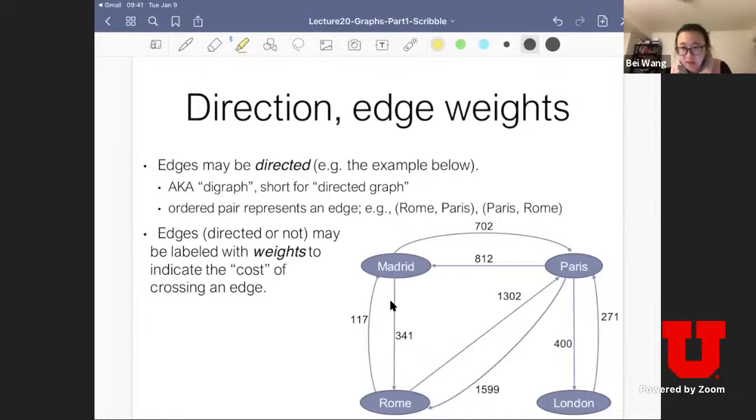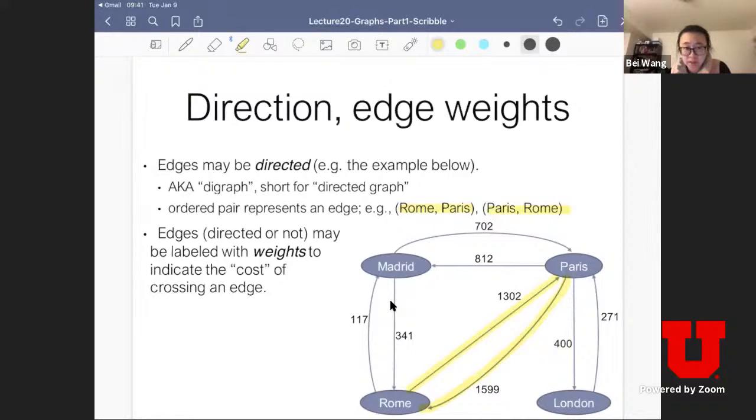Because they don't take exactly the same path, they might have different distances. So when you have a directed edge, an ordered pair will represent the edge. For example, the edge going from Rome to Paris is not the same as the edge going from Paris back to Rome. So from Rome to Paris is this edge, and from Paris back to Rome is this edge.